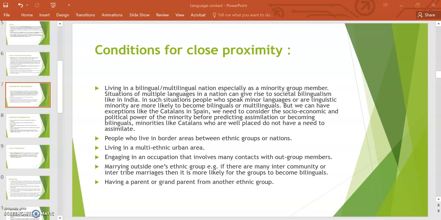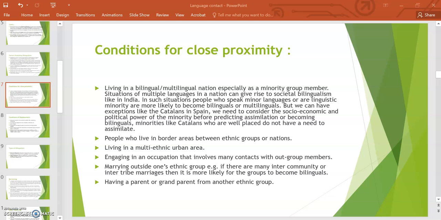But we can have exceptions like the Catalans in Spain. We need to consider the socio-economic and political power of the minority before predicting assimilation or becoming bilinguals. Minorities like Catalans who are well placed do not have a need to assimilate. I'll suggest you read more about this language situation. Another condition: people who live in border areas between ethnic groups or nations.